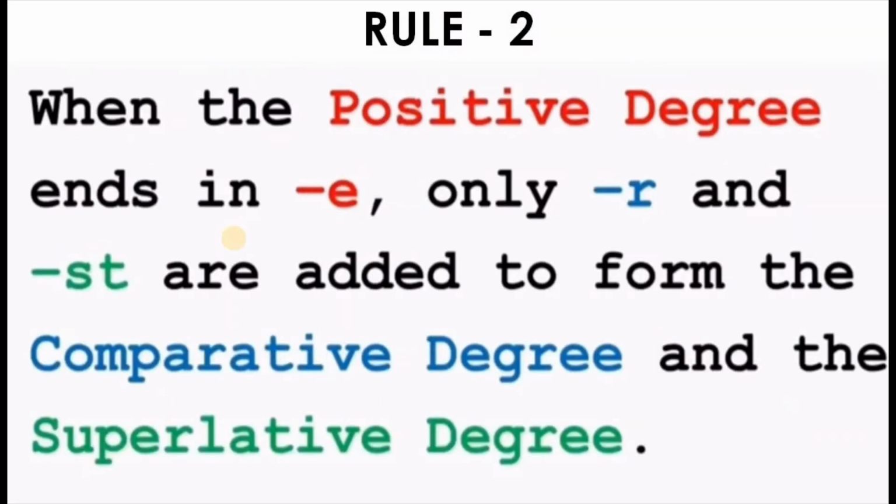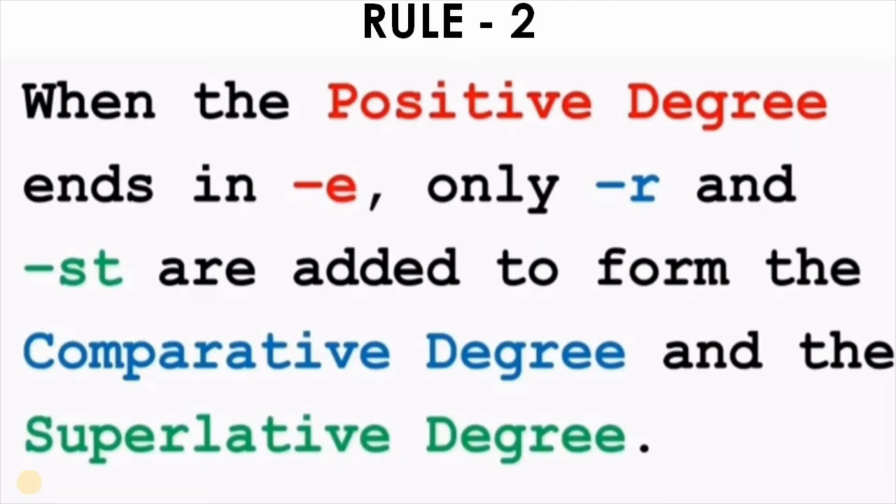Now let us see the rule number 2. When the positive degree ends in E, only R and ST are added to form the comparative degree and the superlative degree.